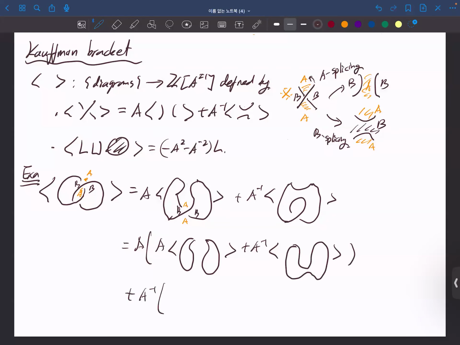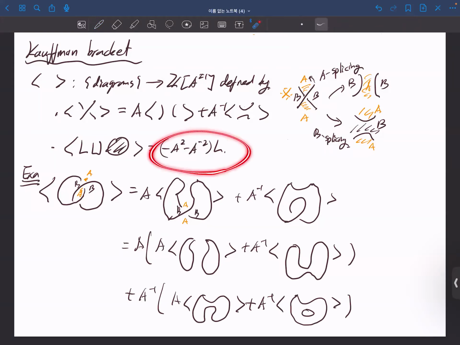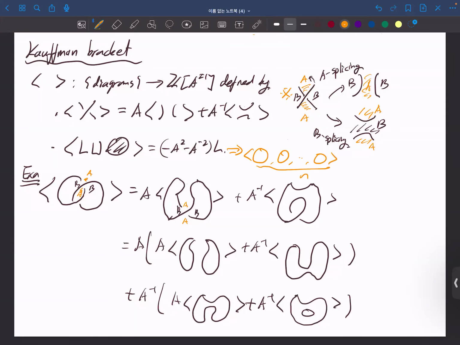And then similarly here also A inverse with B splicing. And now, from the last condition, we obtain that if we have n trivial circles, then the bracket is equal to (-A^2 - A^-2)^n.